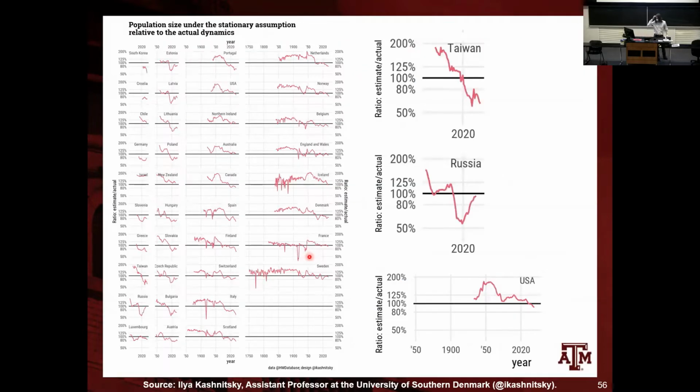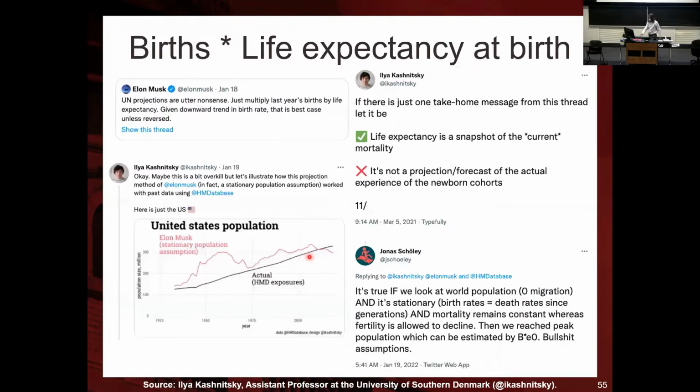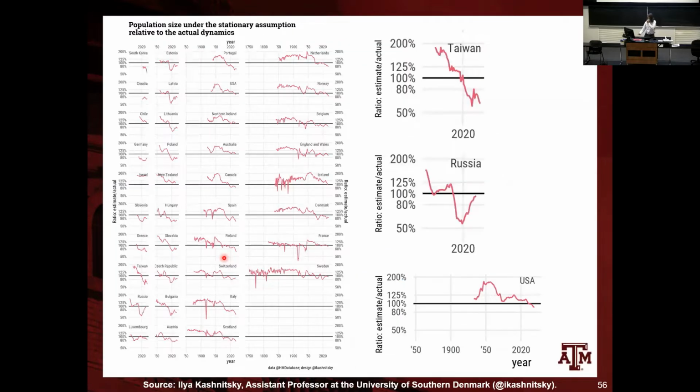And these are just other examples. Kashnitsky did the same exercise for other countries, but instead of just showing the population size in millions, he compared this number to this number, dividing one by the other to see if it was higher or lower than the actual one.